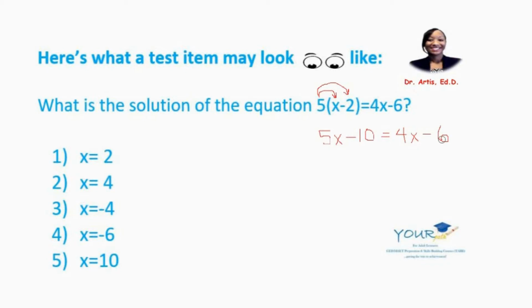So the next step that we're going to take to further simplify this equation is we're going to move this 4x over to our left side of the equation. And we do that by subtracting 4x on both sides of the equation.